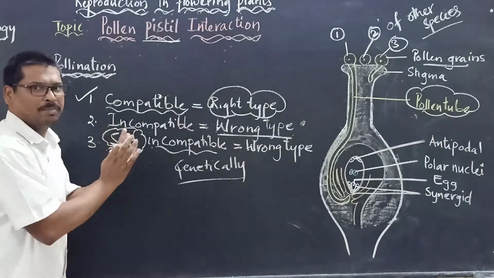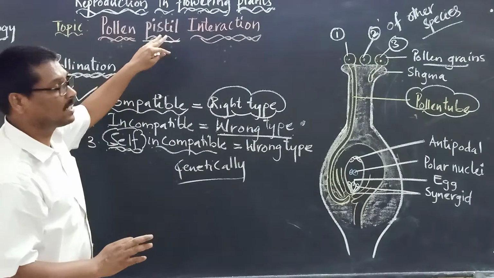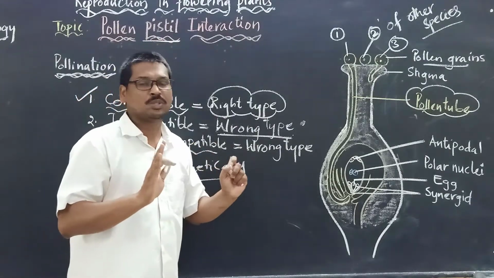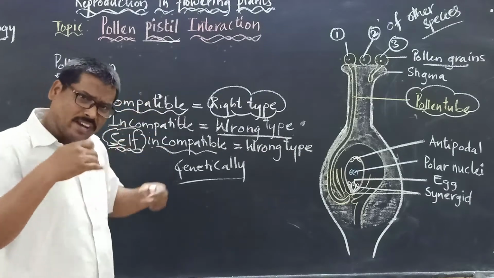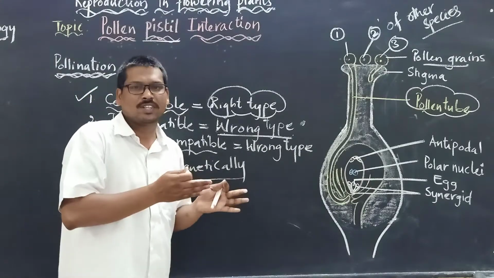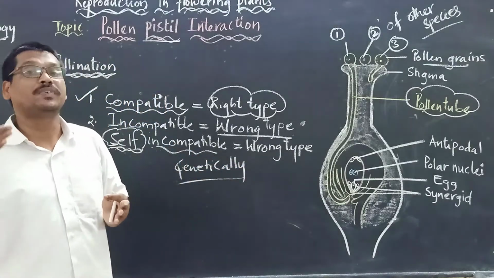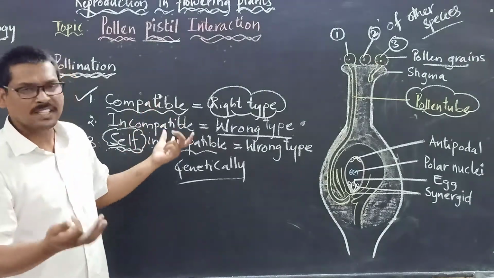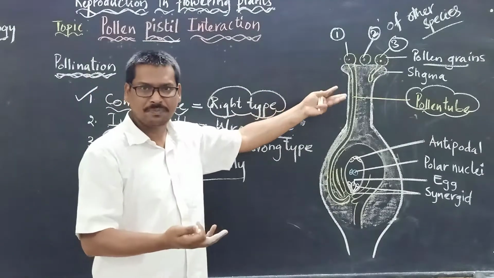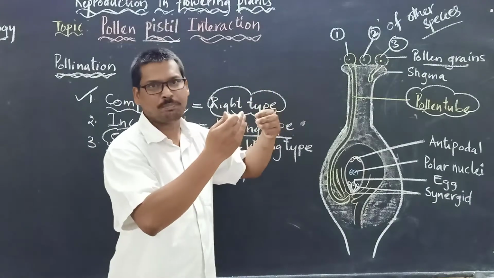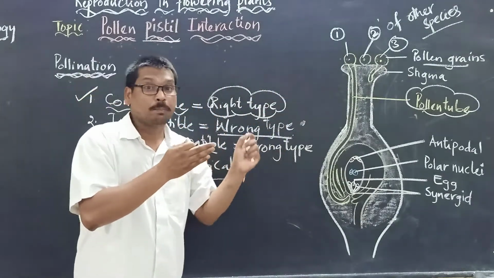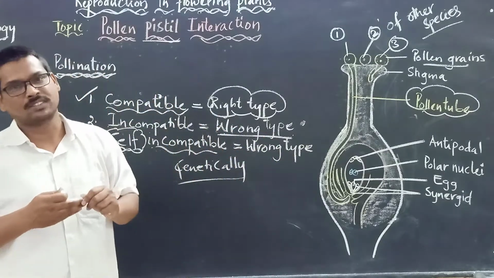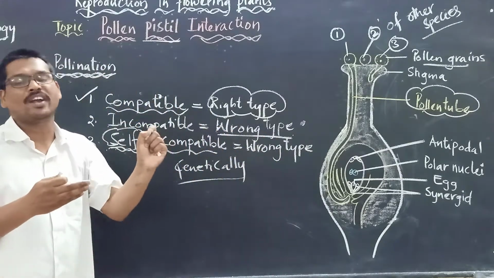The first point to remember is that the pistil has the ability to identify the compatible pollen grains. Once it identifies them, this process leads to post-pollination events.